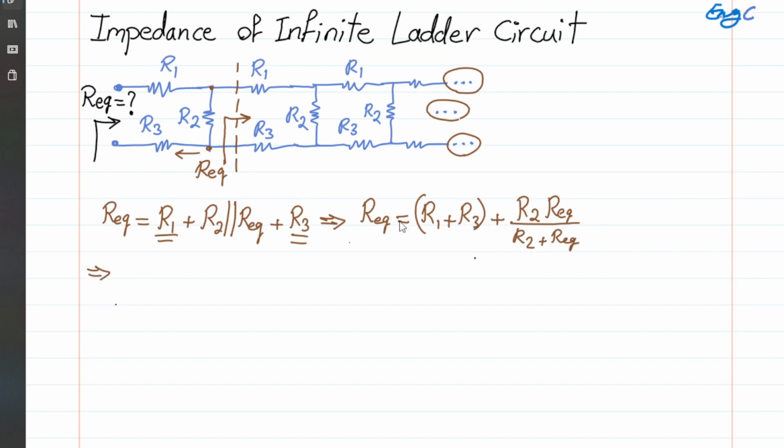Let's multiply both sides of this equation by R2 plus R equivalent. So we end up with R equivalent times R2 plus R equivalent, which I can write this way, squared, equal to R1 plus R3 times R2, and finally R1 plus R3 times R equivalent, and the remaining component is R2 times R equivalent.